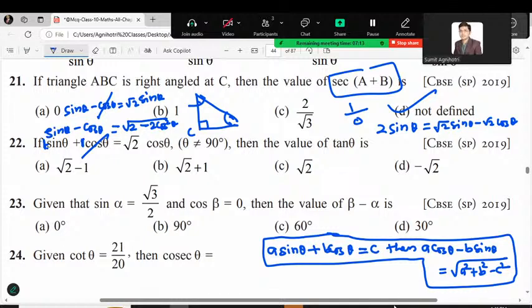Or you can even do one more thing. You can simply take the square, that will be more easy. Sine square theta plus cos square theta is 1 plus 2 sine theta cos theta equal to 2 cos square theta. This is what you will get.